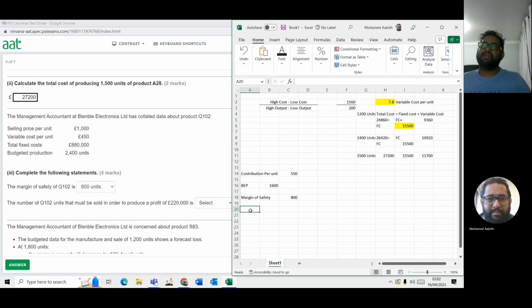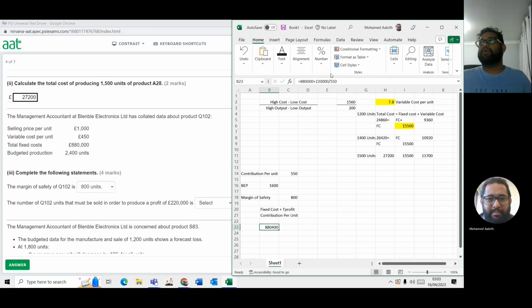The formula for that target profit is fixed cost plus target profit divided by contribution per unit. So here, the figure is going to be 880,000 plus 220,000. And we're going to divide this figure by the contribution 550 per unit.